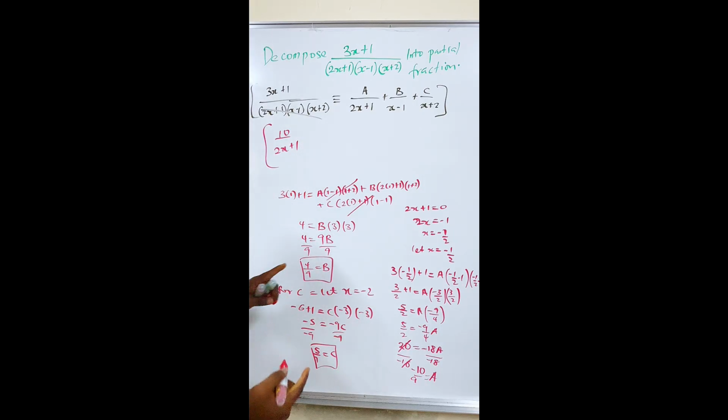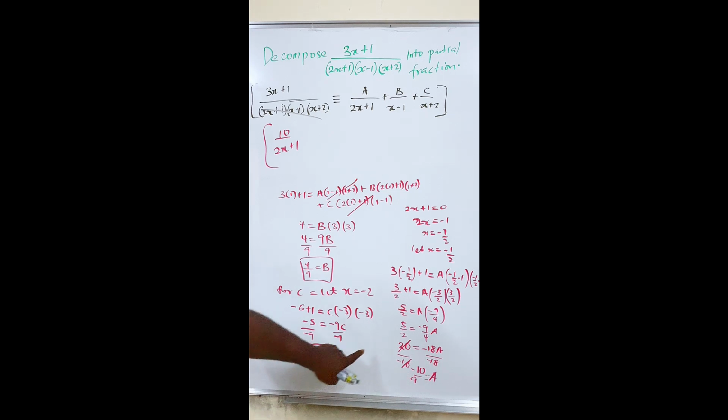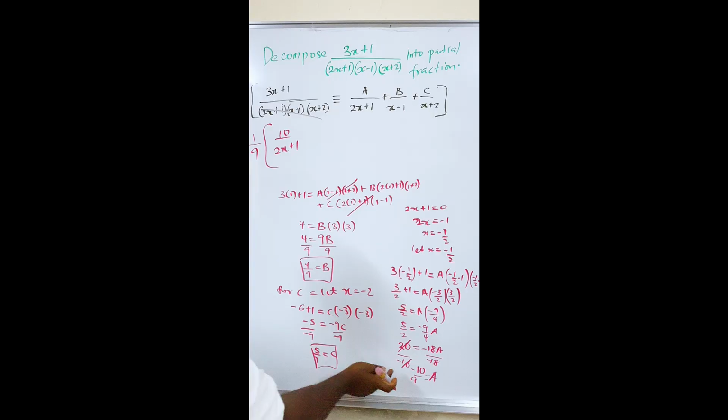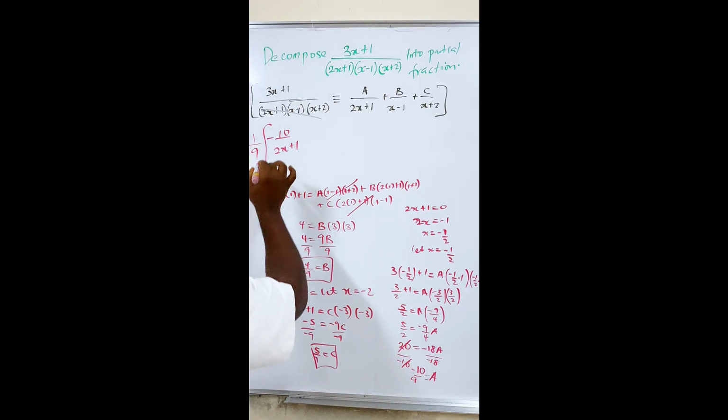So we can say, if you check, you can see that b has the denominator to be negative 9, and c also has the denominator to be negative 9. And a also has the denominator to be negative 9. So you can put them outside. So you have negative 1 over 9 times a. Remember that a is minus, so you put your minus here.